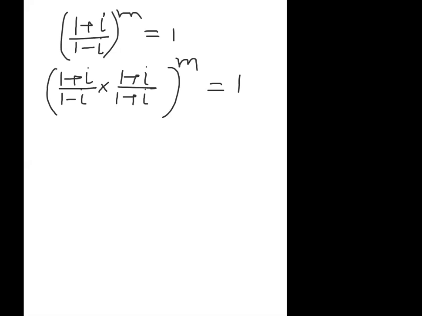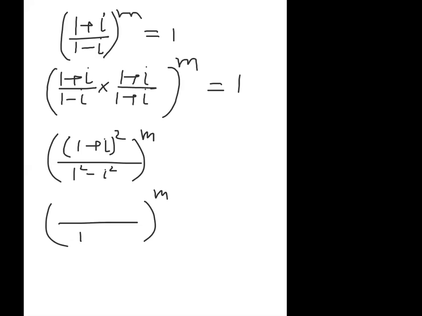Now the numerator will become (1 plus i) whole square, upon a minus b, a plus b, a square minus b square, whole power m. Now the denominator will become 1, i square is minus 1, so minus minus plus 1. Now numerator a plus b whole square, a square plus b square plus 2ab. So it becomes (1 minus 1 plus 2i) upon 2.